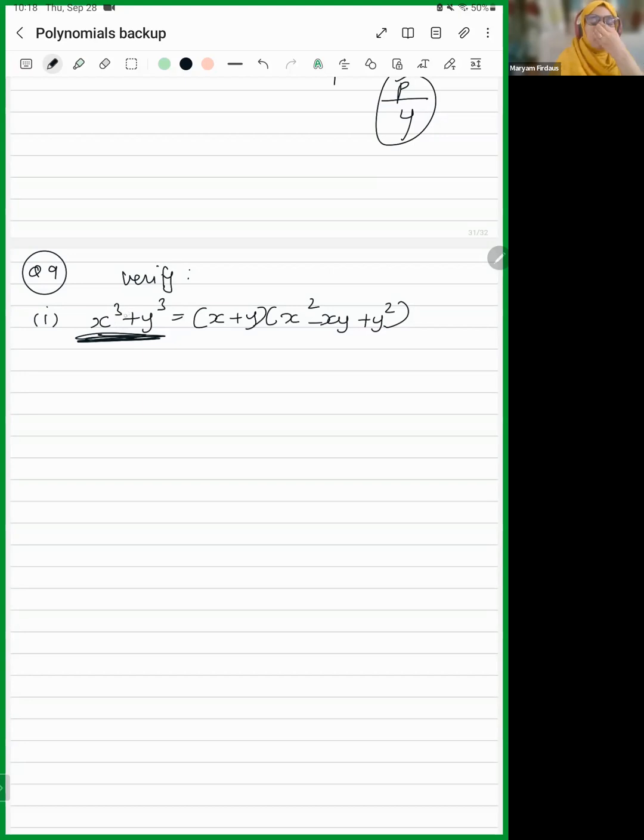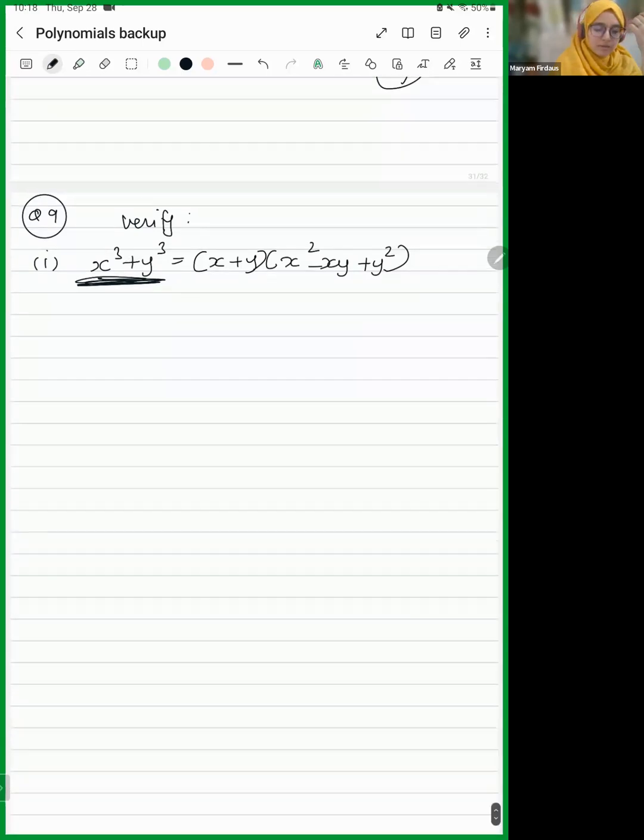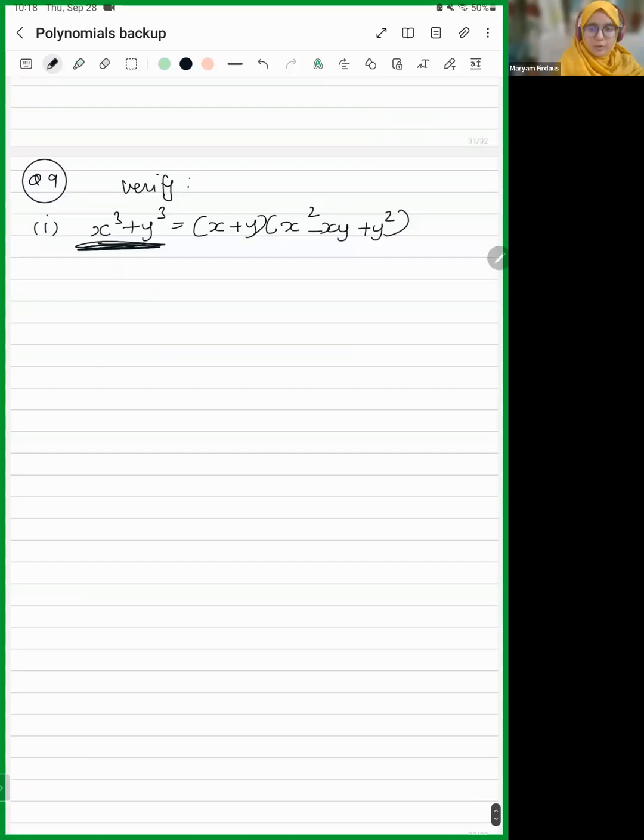Yes, ma'am. Which formula? It's with square. Do you remember the formula that we were doing just now, the cube formula?